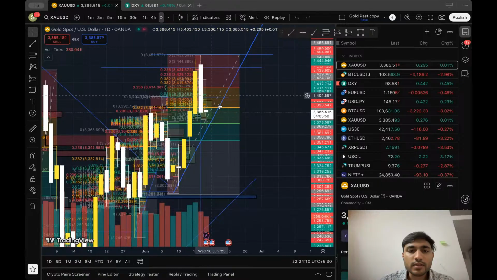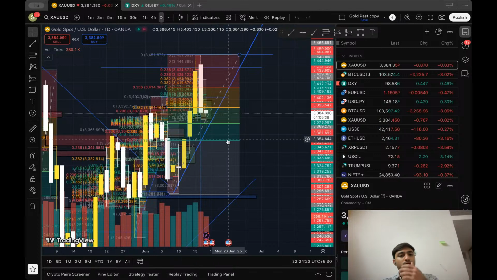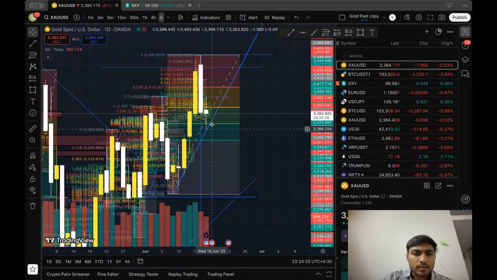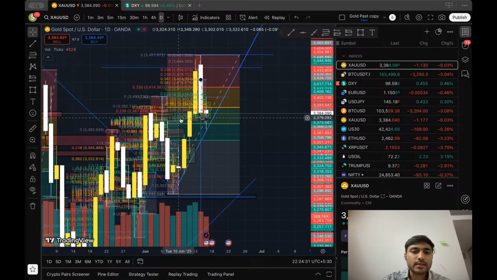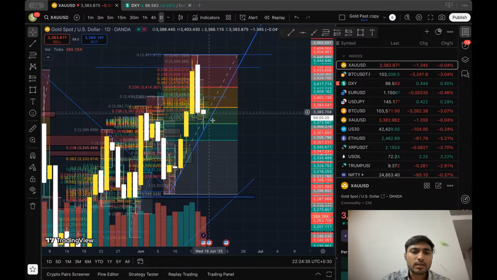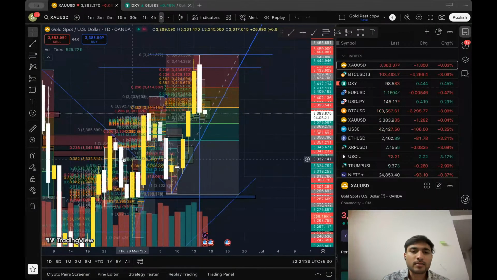If you see this candle, what is it called? This is where we have opening and closing both at the same level. There's a name for this candle, right?